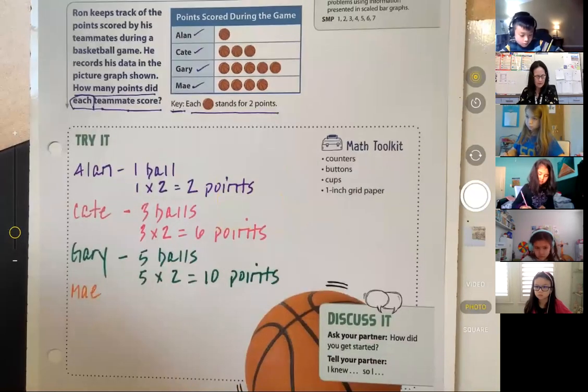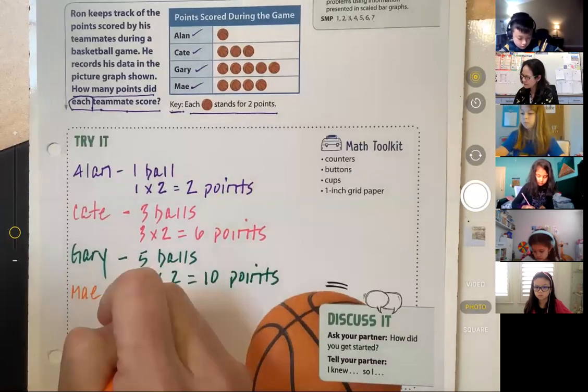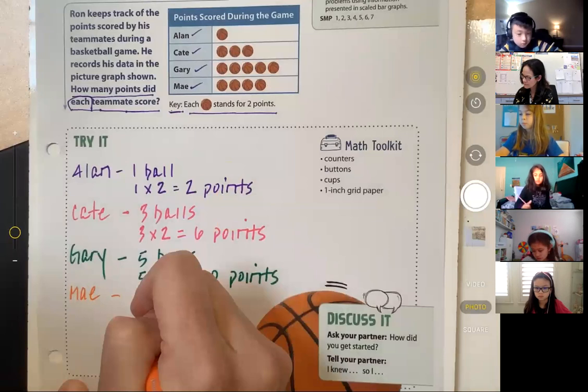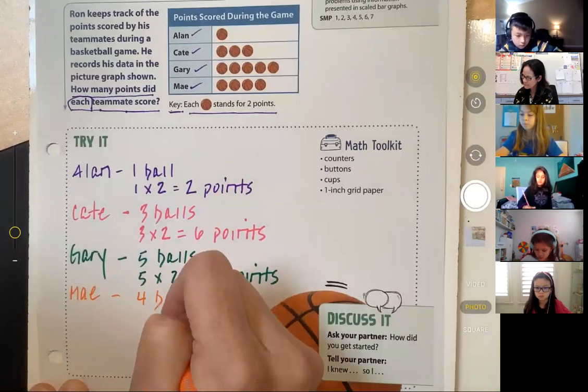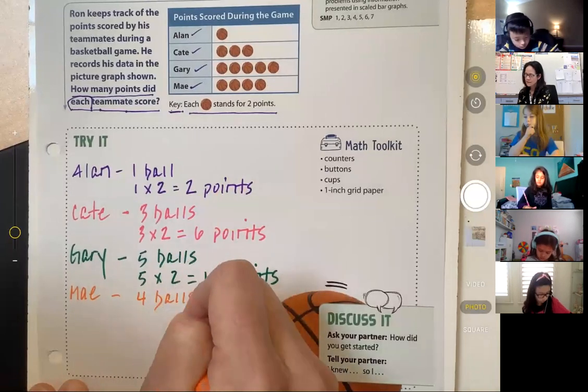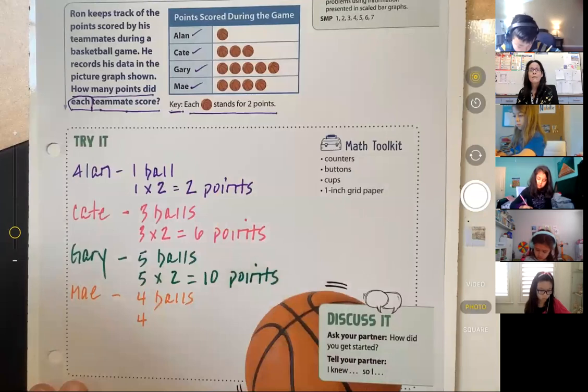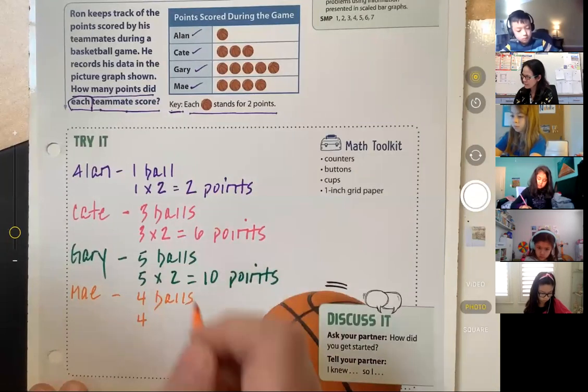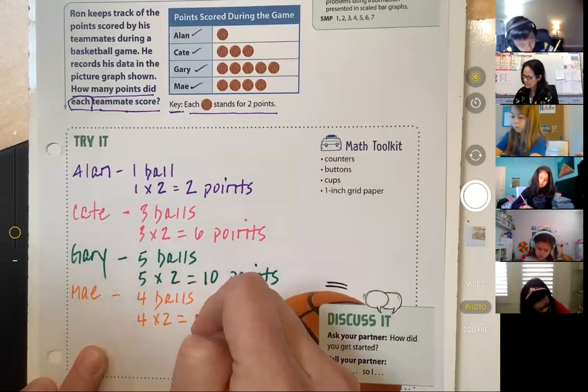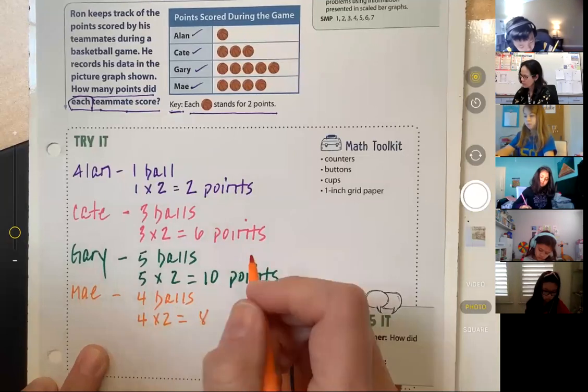May has 4 balls. So how many points did May score? Well, 4 of those balls times 2 points, and that's 8 points.